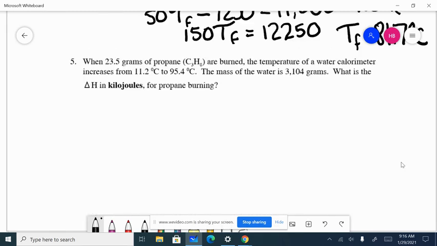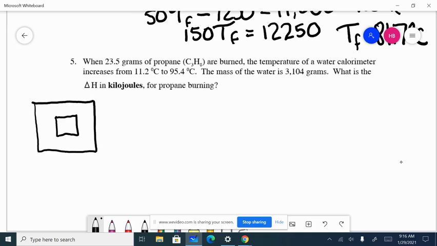Let's do another calorimeter problem. It says it's burned in a calorimeter, so the system is going to be the inside. Now, when I say box, I mean this is a metal container. It is a hard metal container. It's got to be able to withstand pressure. Both of these are hard metal containers.